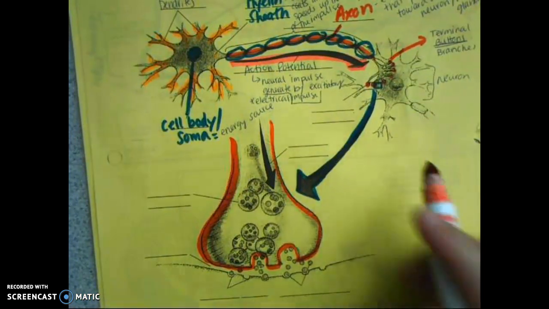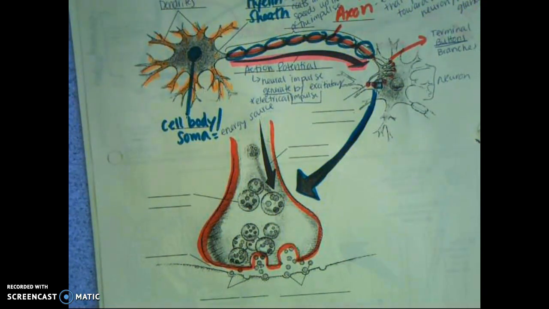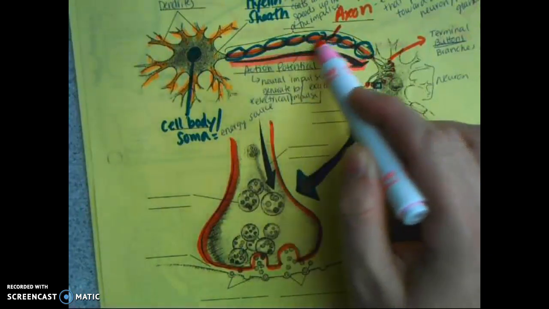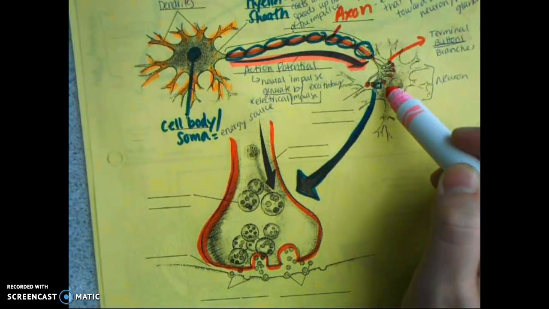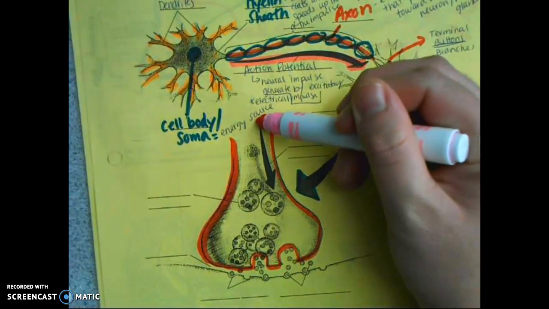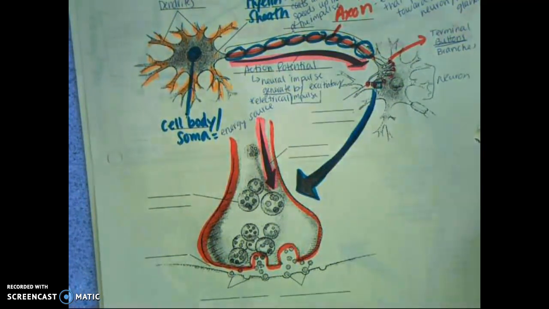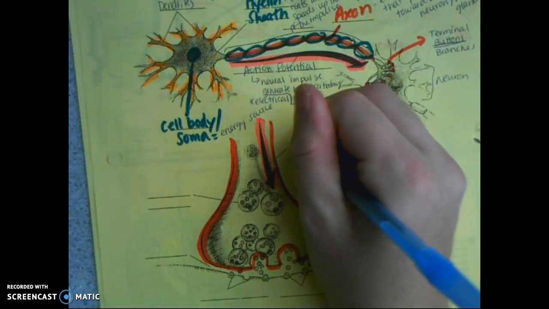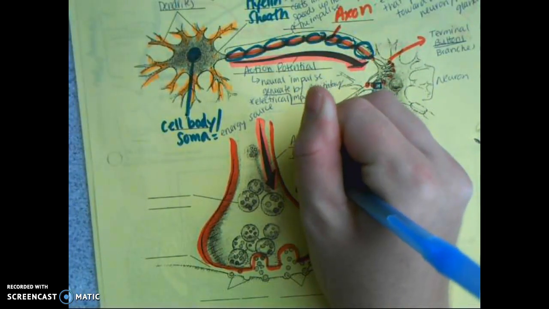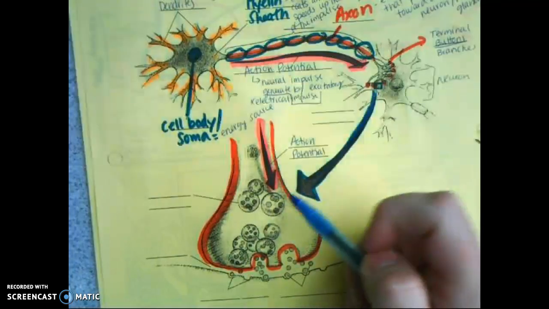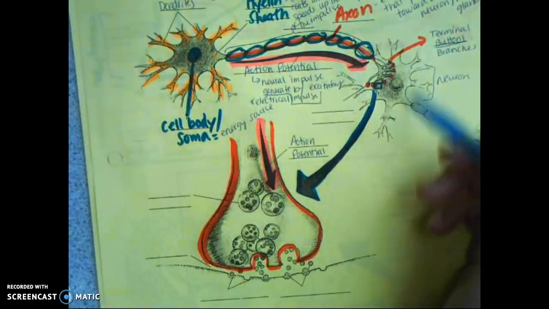Okay? So, like we talked about before, the action potential goes down the axon into the terminal button, and you can see it here. This is meant to be the action potential coming down. Okay? So that electrical impulse, this action potential, is coming down into this whole thing, which is the terminal button. Right?